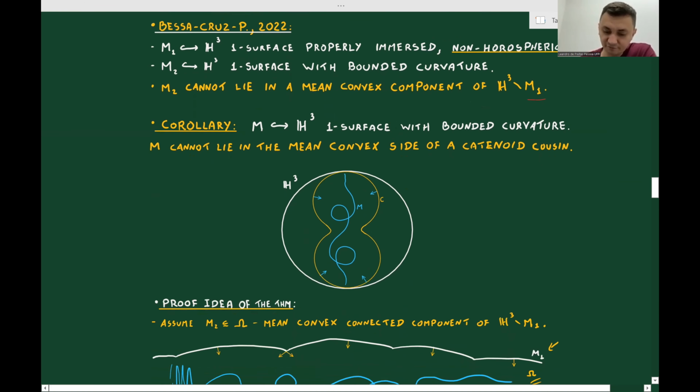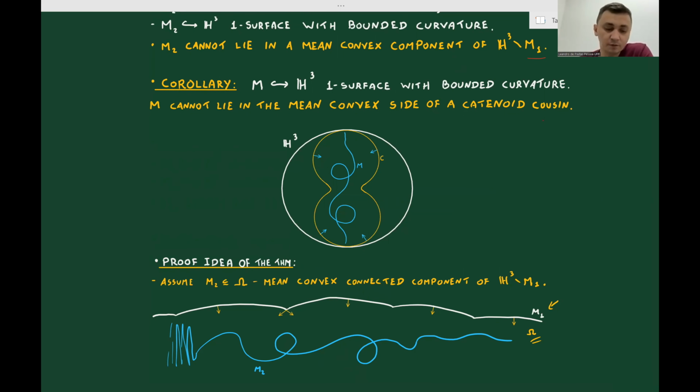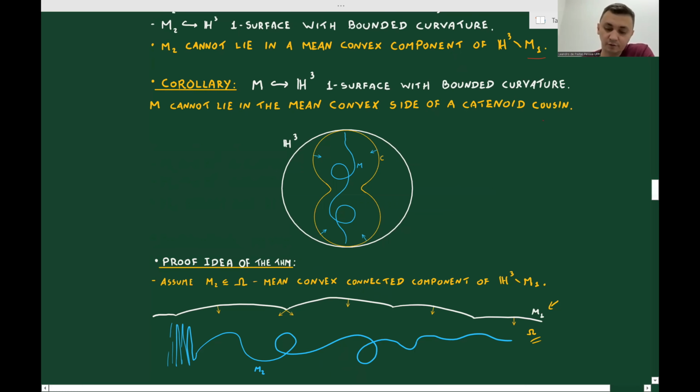And as a very nice corollary, if we take just M, a one surface with bounded curvature, then M cannot lie in the mean convex side of a catenoid cousin. So this corollary is a kind of corresponding result to the catenoid cousin result proved by Rodriguez and Rosenberg.